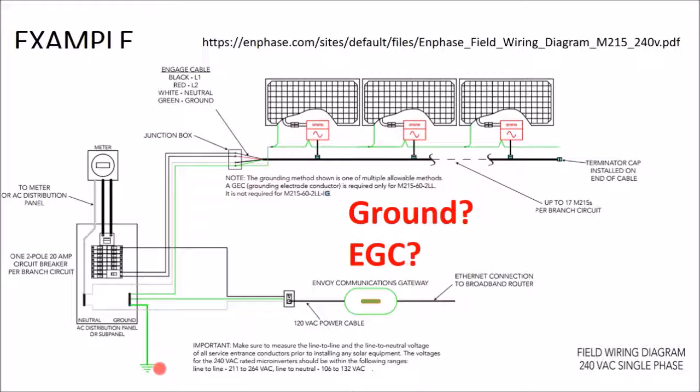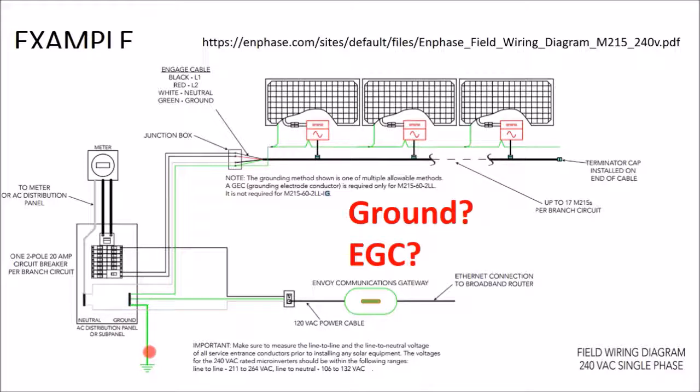And so the question is, how is the equipment ground conductor separate from the grounding electrode conductor? One's an EGC and the other's a GEC, and they have the same words. So what are both? Well, they're both very similar, but this one wire is kind of the end of the line.